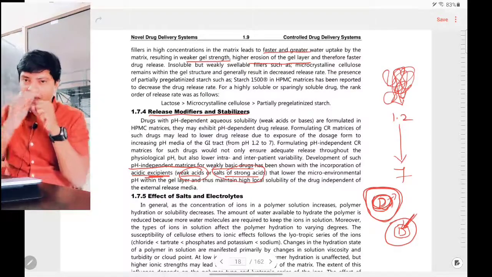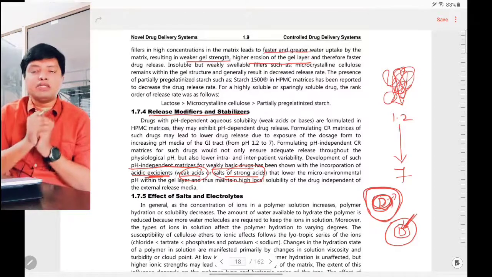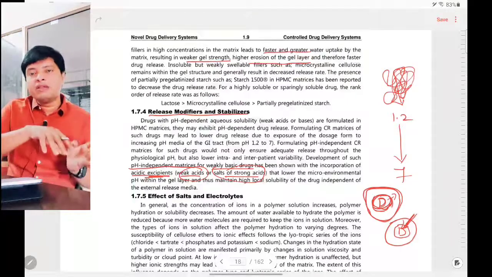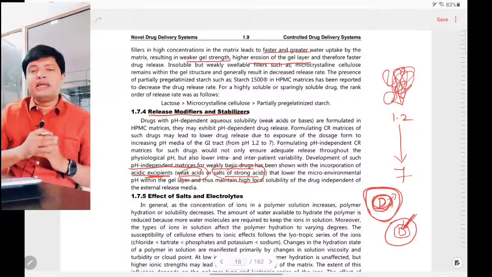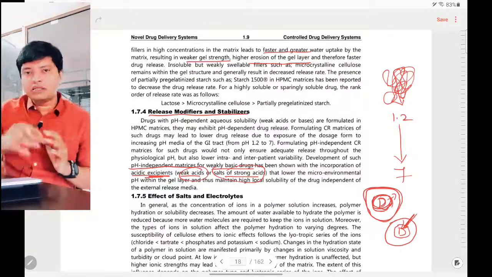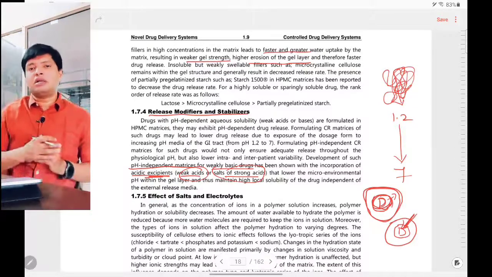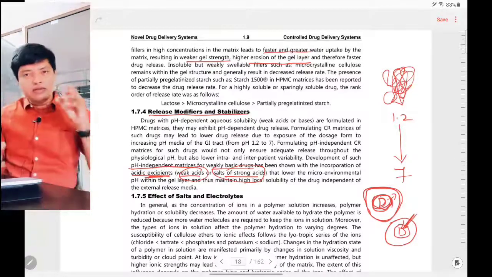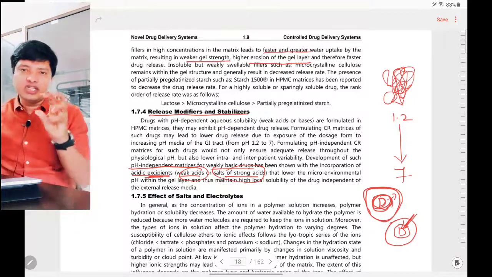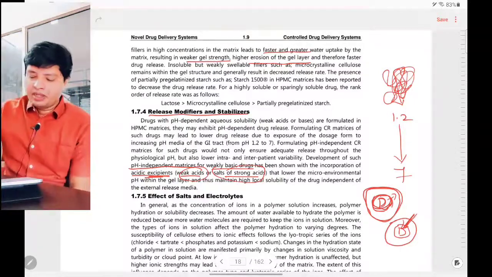Because the drug is basic, I will put in an acidic environment. This way the drug is always available in soluble form. Even though the outside pH is basic, the drug will come out. Generally, if the outside pH is basic and the drug is also basic, it will not come out because it is not getting solubilized. To make it solubilized, I change the microenvironmental pH and make that drug come out.